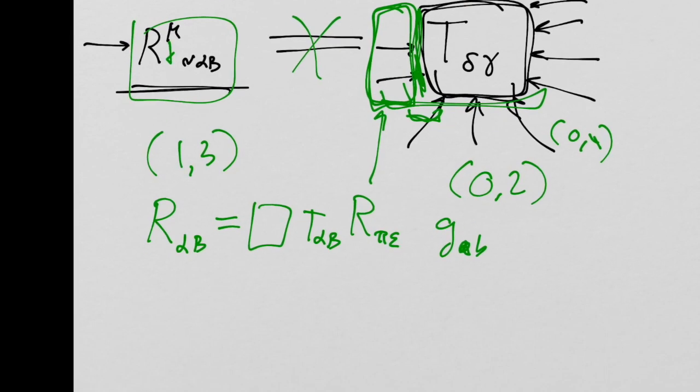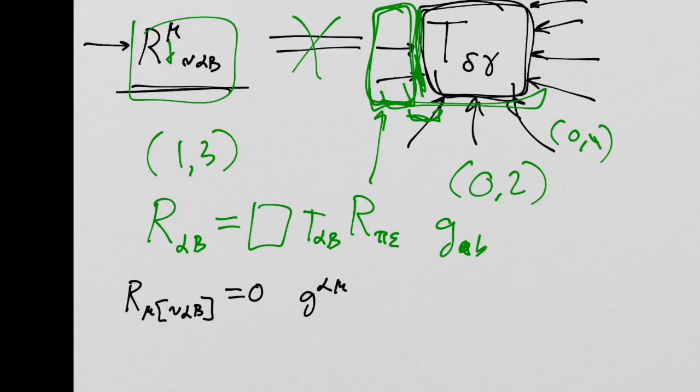The way that works is using yet another identity. It was this identity. Remember R mu nu alpha beta, anti-symmetrized in the last three indices. That has to equal 0, right? And so we can imagine then raising, so I can write this as g alpha mu.